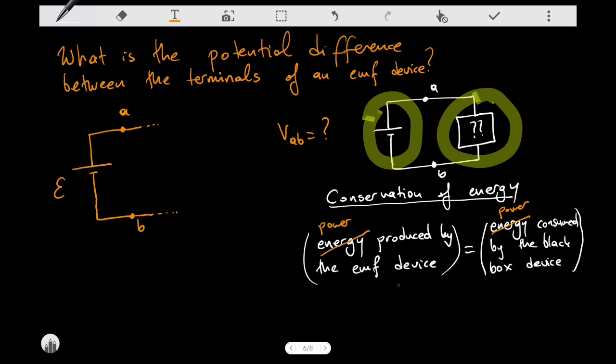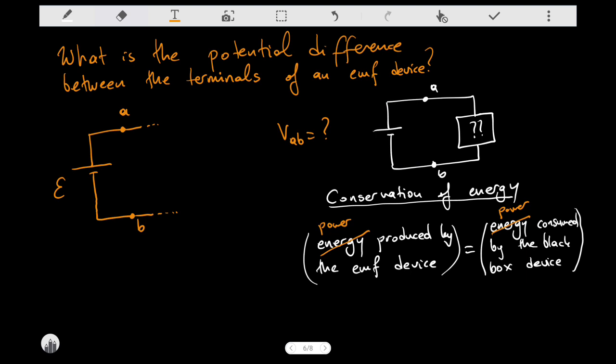The power produced by the EMF device: I'm going to say that the current is equal to I, along this direction.